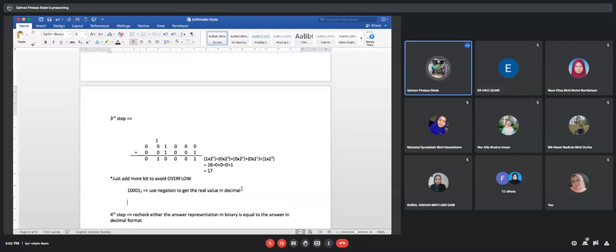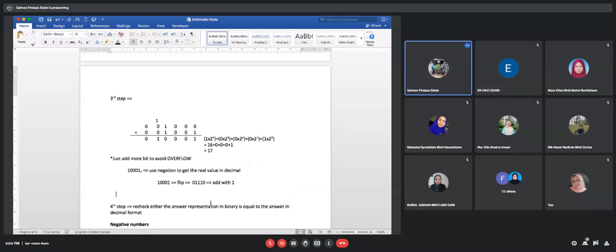What is the process of negation? Let's say you get a negative number, starting with 1. The first step, you need to flip all of this. 1 becomes 0, 0 becomes 1. Flip. So you will get 0, 1, 1, 1, 0. And then the second step, add 1. 0, 1, 1, 1, 0 plus 1.